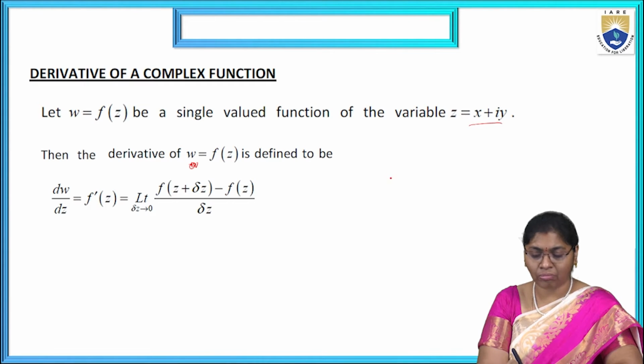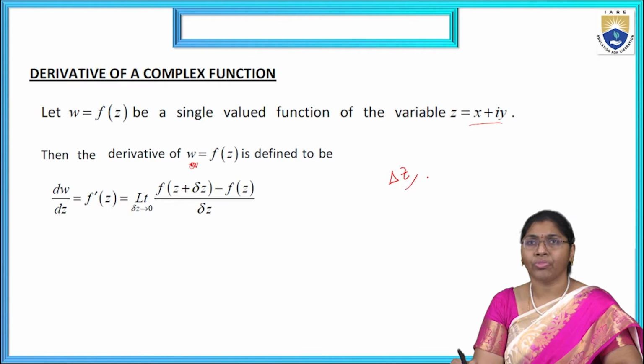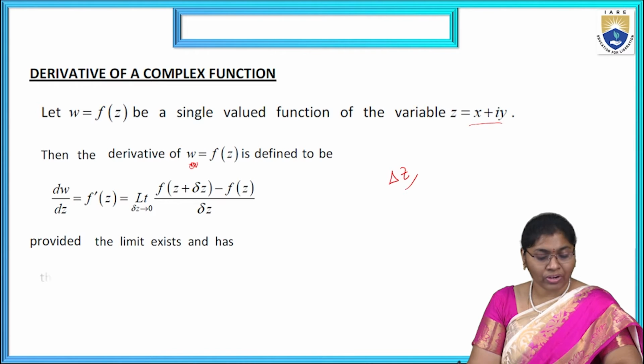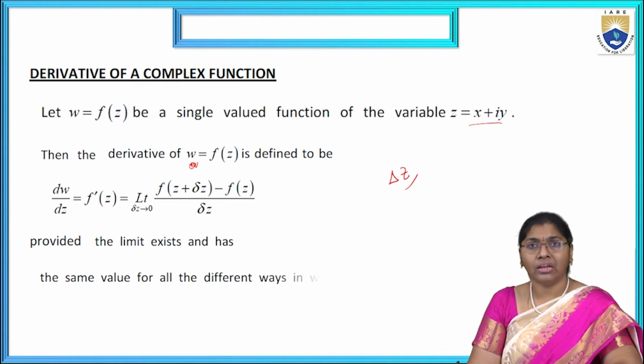Here delta z is sometimes written like this also. That is the derivative of the function, provided the limit exists and has the same value for the different ways in which delta z approaches 0.